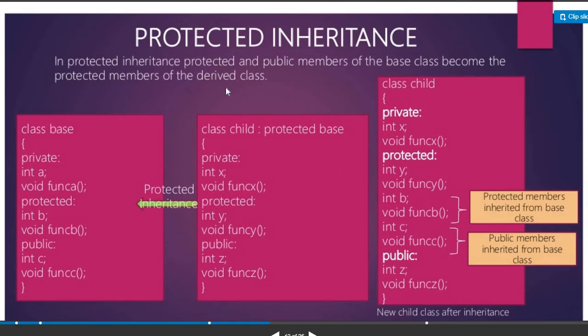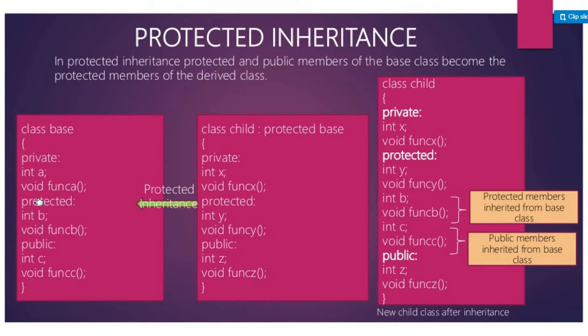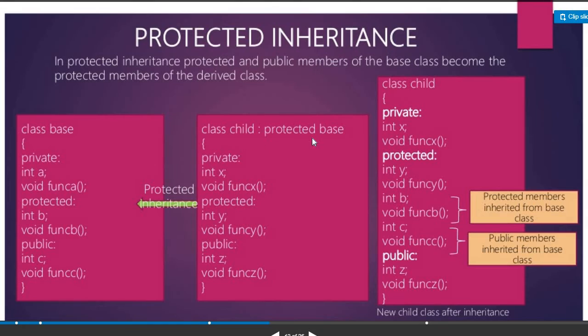Now protected inheritance. Suppose the base class is defined in this way: private integer a for function a, protected integer b for function b, public integer c for function c, and the child class is derived from the base class with protected visibility.